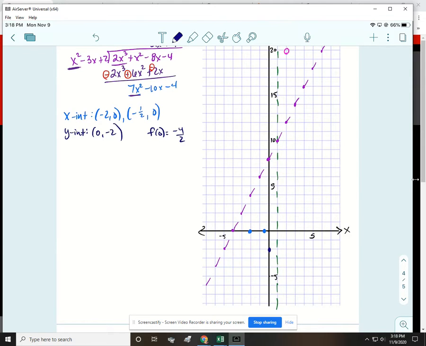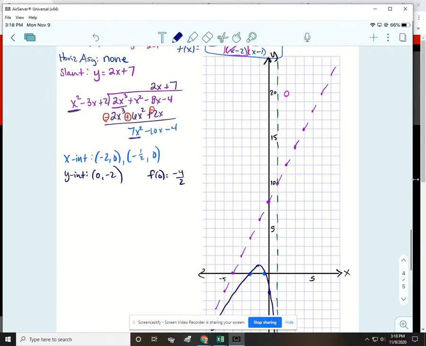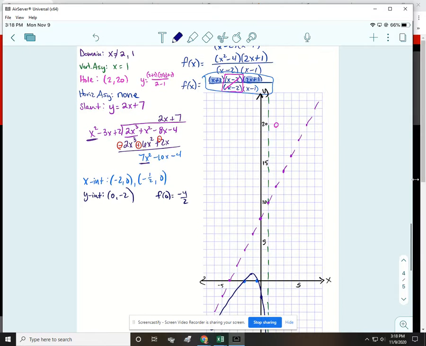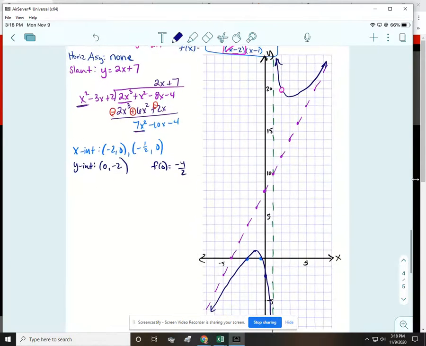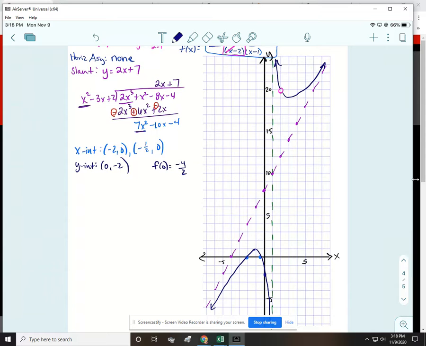So I'm going to be close to the slant asymptote. I'm going to curve through those points. End up close to the vertical asymptote. And then I will have a similar shape up here. So close, curve through the hole, end up close. Now that's kind of a weird graph, but that's what we got.